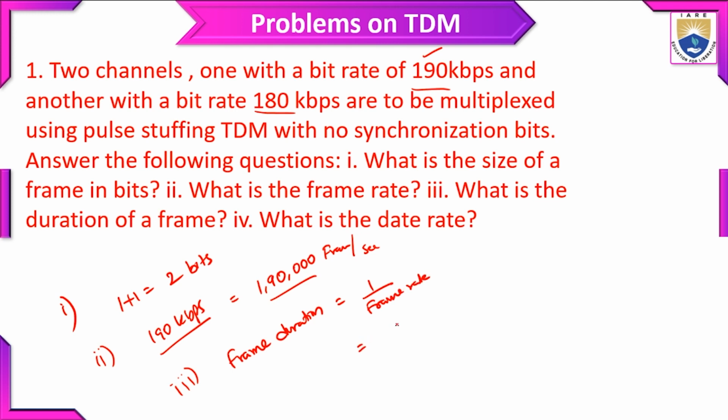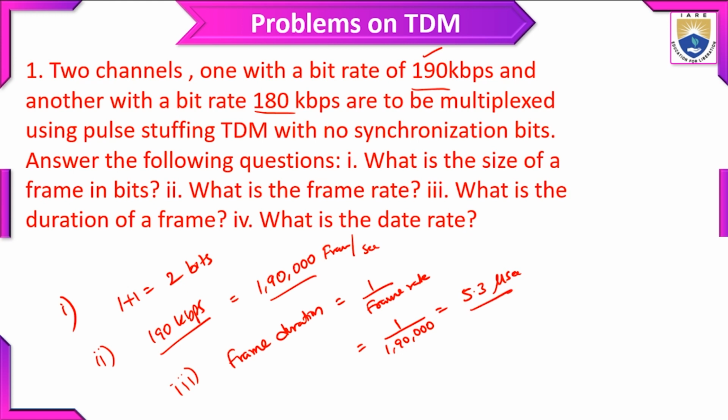The frame rate is 1,90,000. By using a calculator, 1 divided by 1,90,000, you get 5.3 microseconds. So this is the frame duration.